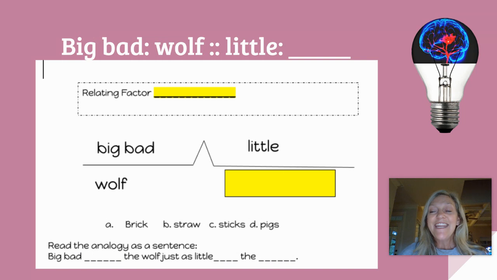Let's look at another one and see if you can find what the relating factor is. Big bad is to wolf, as little is to blank. Big bad describes the wolf or is characteristic of the wolf or characterizes the wolf in the same way that little describes the pigs, the big bad wolf and the 3 little pigs.